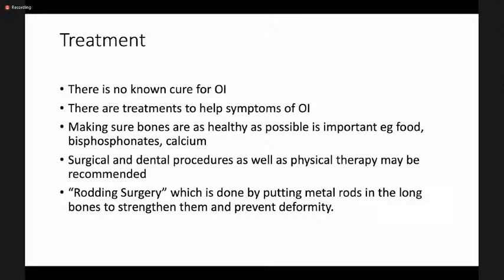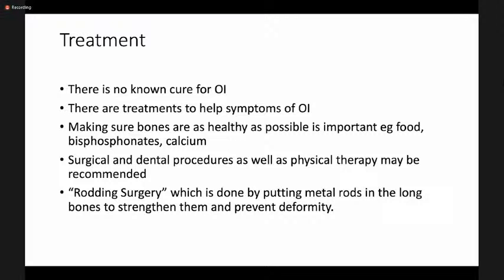We try to make sure that bones are as healthy as possible, and advise the parents on the type of food that they give. Then we usually use bisphosphonates. But in extreme cases, we have to go surgical. And of course, the dentists also step in because of the dental conditions that you mentioned earlier on.